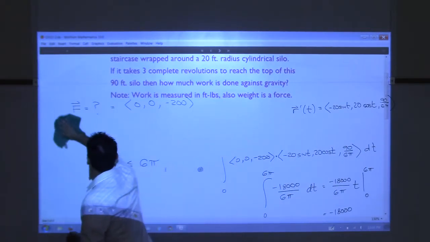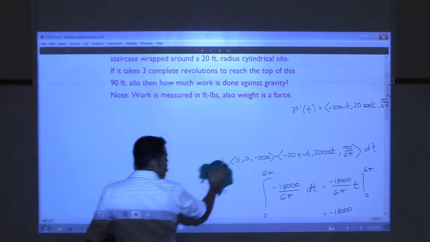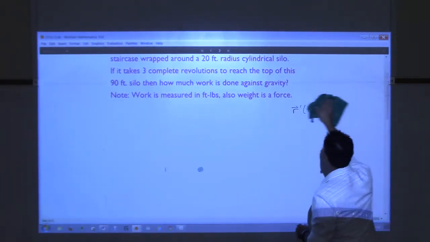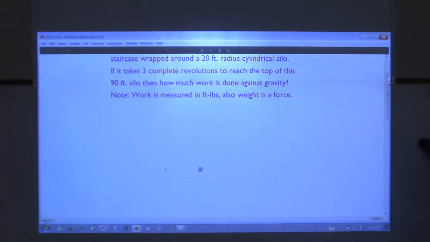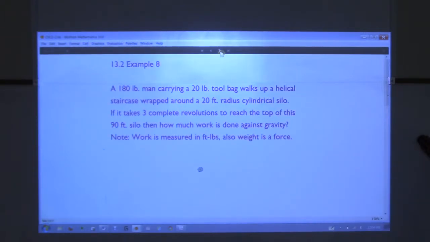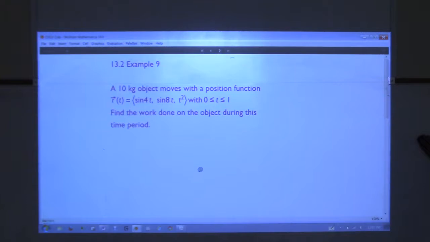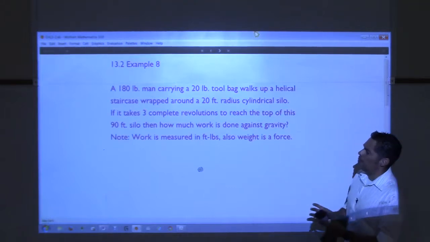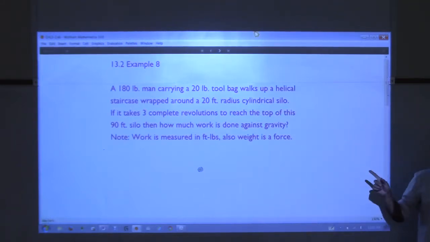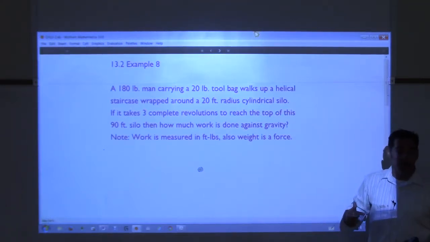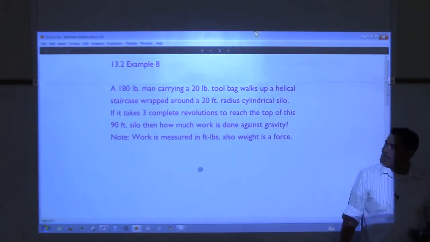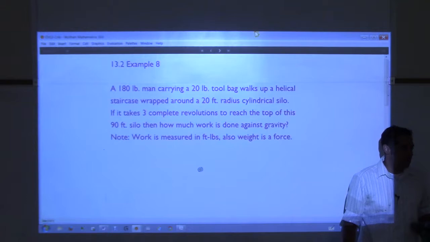Okay, let's see. I think there's one more example. I like this next example because it makes you think a little bit about things. There's a problem in the book that I think I took this one from and adapted a little bit. And then in the next problem, they say that as he's walking up the silo, his paint can is leaking.